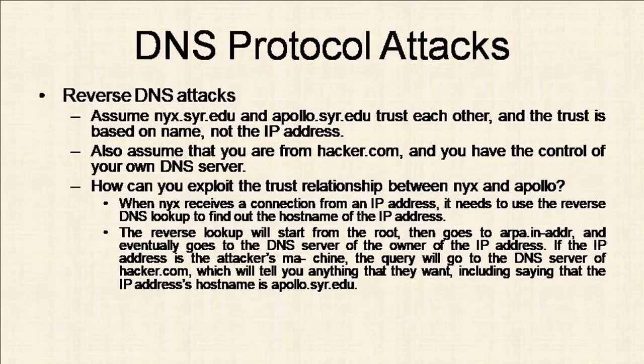So in this chain process and in the reverse lookup, sometimes the attacker may poison or inject some false information there, thereby the original track may not come into the picture. However, it will go and get stuck with hacker.com as the genuine DNS server. So this is the reverse DNS attack that can be performed.